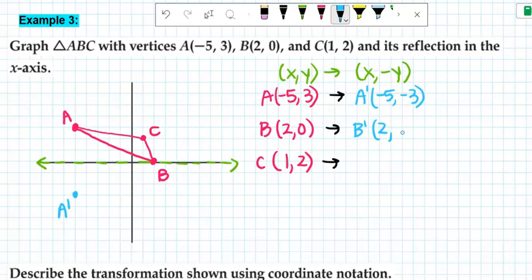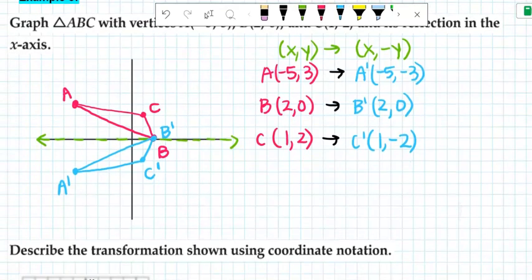Remember, our reflections have to be the same distance from our line of reflection. So if it's on the line of reflection, it actually doesn't get to move. B just stays exactly where it is. Because when we change the sign of 0, 0 can't be negative, so it has to stay 0. And then C is 2 above, and it goes to 2 below, which makes sense because if we change the sign of our y, we'd get 1, -2. All right, connect them to make our triangle. And we can see that these are, I know my lines aren't the straightest, but we can see that they're the same pretty much.